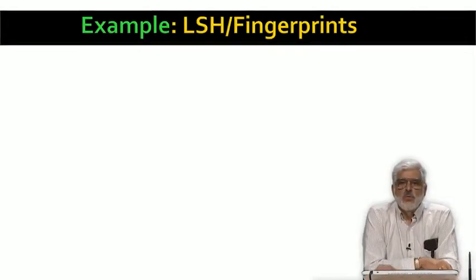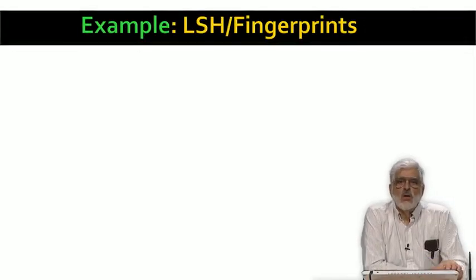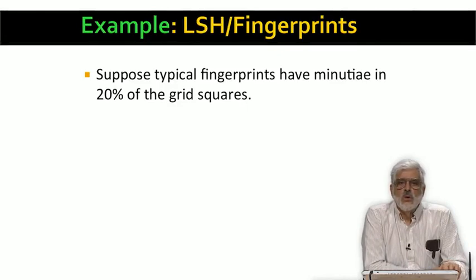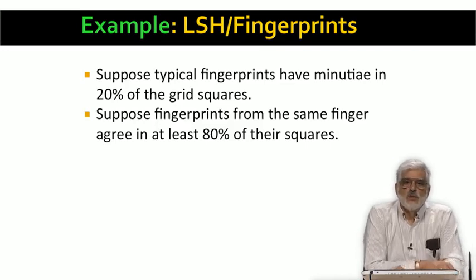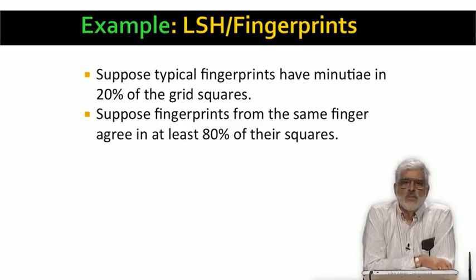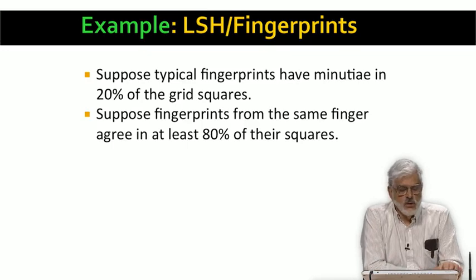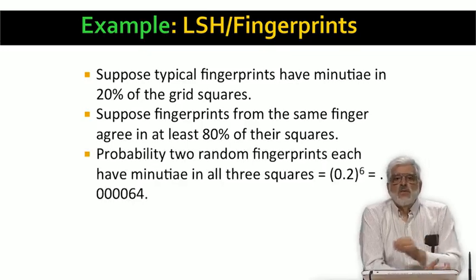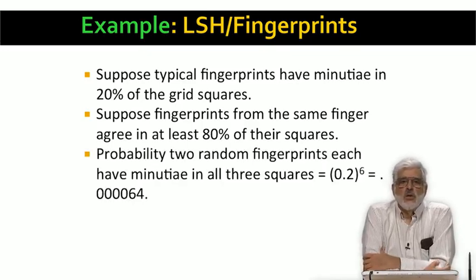To see why the numbers we proposed make sense, let's look at a typical situation. We'll suppose that approximately 20% of the squares hold minutiae. Also suppose that if 2 fingerprints represent the same finger, then at least 80% of the squares with minutiae from one also have minutiae from the other. The fact that we place minutiae in nearby squares if they are at the boundary helps make this assumption true. Let's see what it takes for the bucket corresponding to a set of 3 squares to receive 2 different fingerprints.